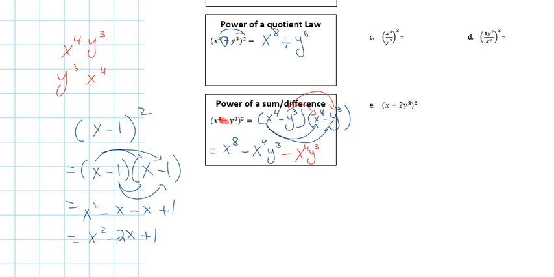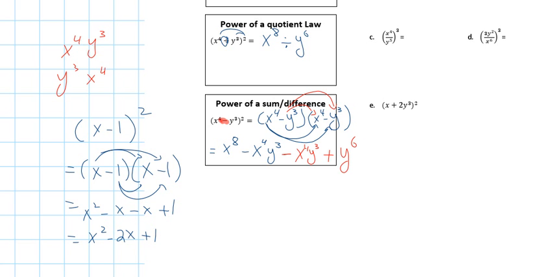So the last one, negative times negative gives me a positive. Plus, and then y cubed times y cubed, that's y to the 6. So after I do this, now I'm going to collect like terms. Do I have any like terms there? Yes. Where are they?